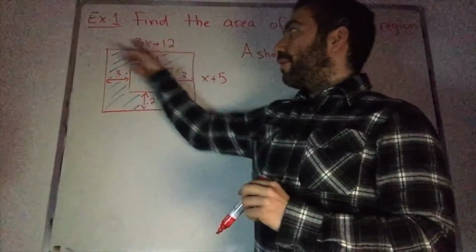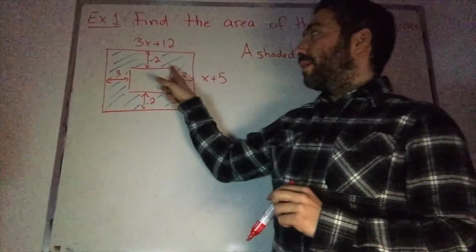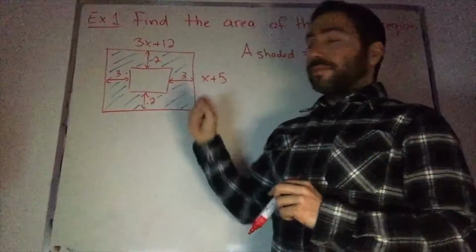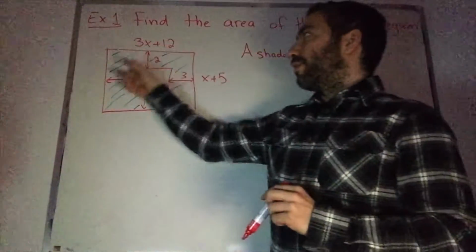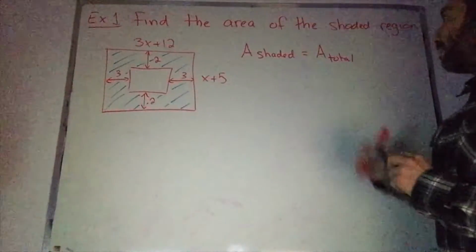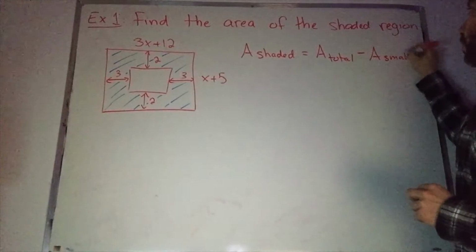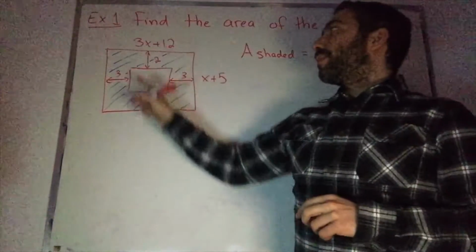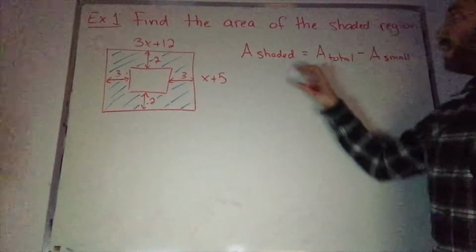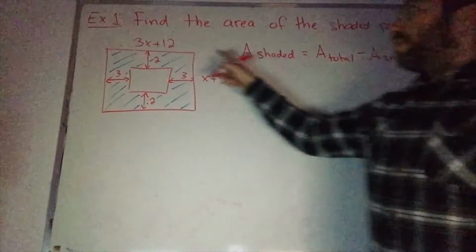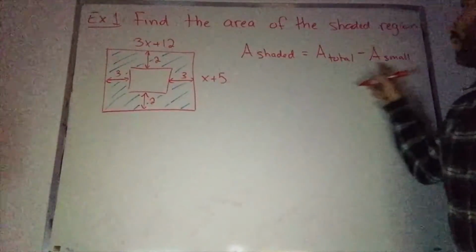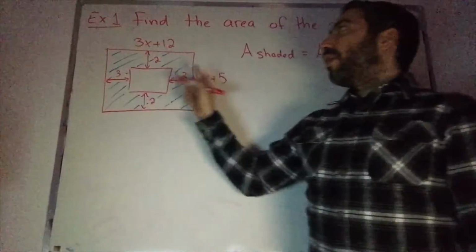So you're taking the area of the big rectangle, minusing it by the area of the small rectangle. And what you're left with is the area of the blue, the shaded region. So A total minus area of the small. So total being the entire shape. So this is the game plan. So we have to find the area of the total, the big rectangle, and minus it by the area of the small rectangle. Okay, that's not too bad.